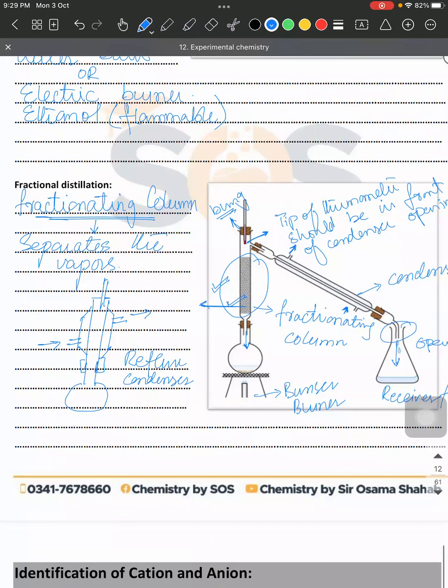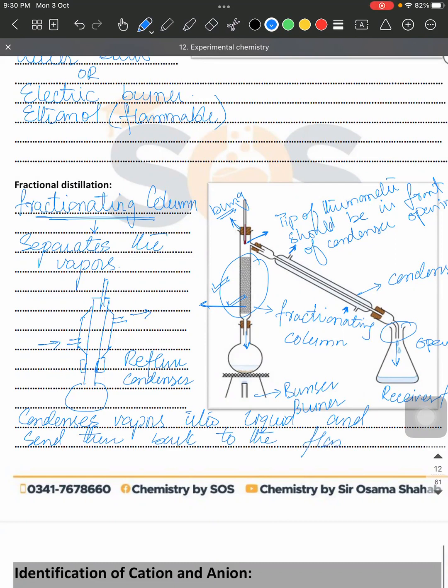We want the liquid to go back into the flask and complete the reaction, right? So it also condenses vapors into liquid and sends them back to the flask.